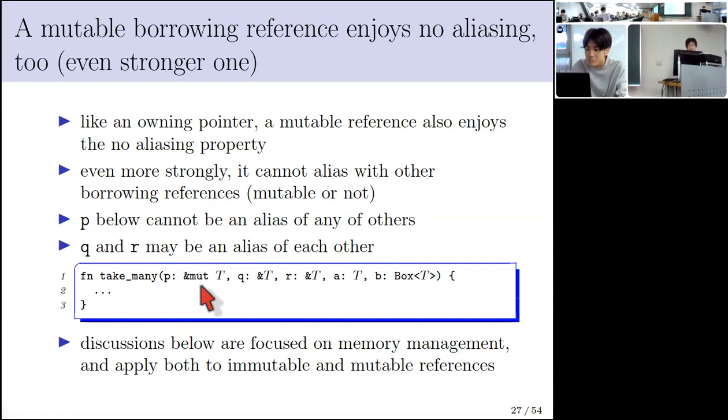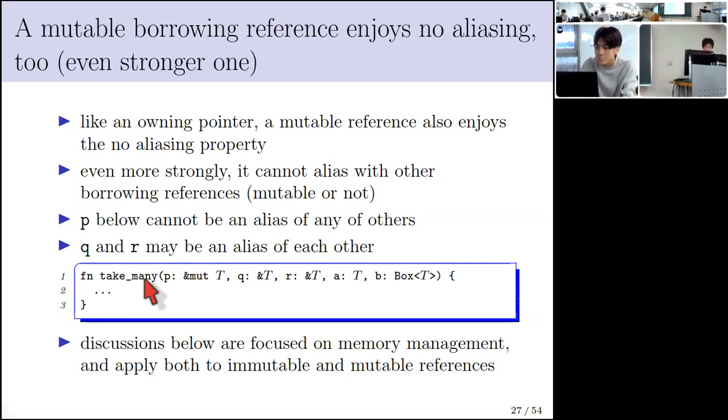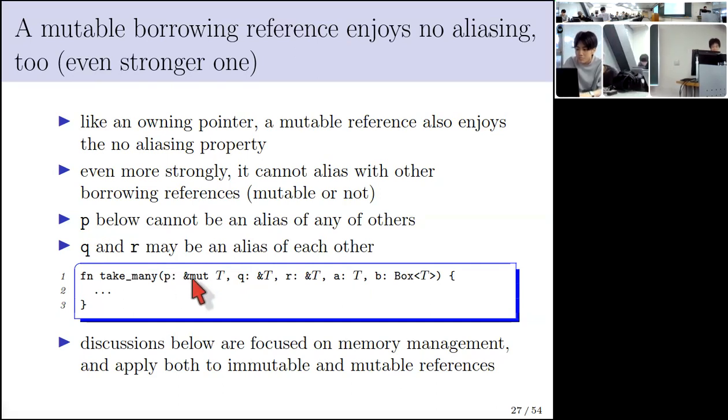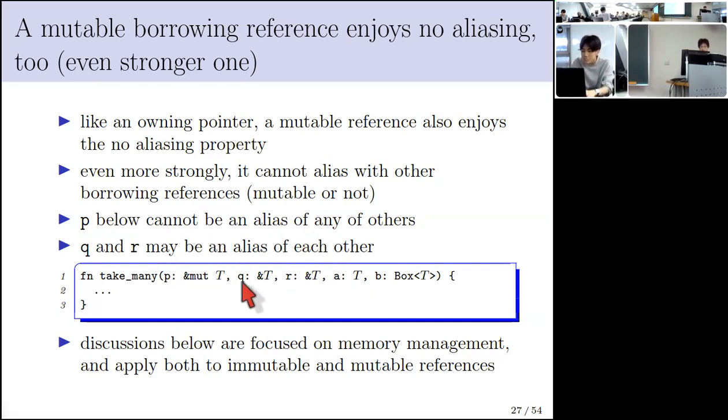As an illustrating example, let's consider a hypothetical function that takes many forms of pointers to T. One mutable borrowing pointer, two ordinary borrowing pointers, an owning pointer, and another owning pointer of type Box T. Following the rule stated in the last slide, it is guaranteed that the mutable pointer p cannot be an alias of any of the others.